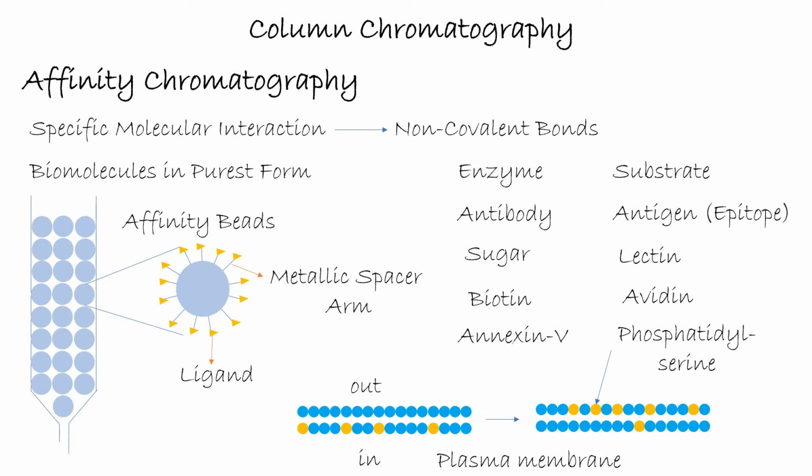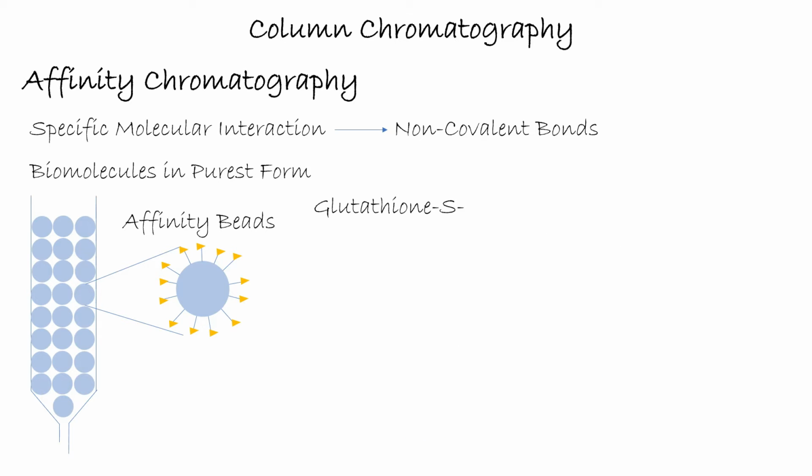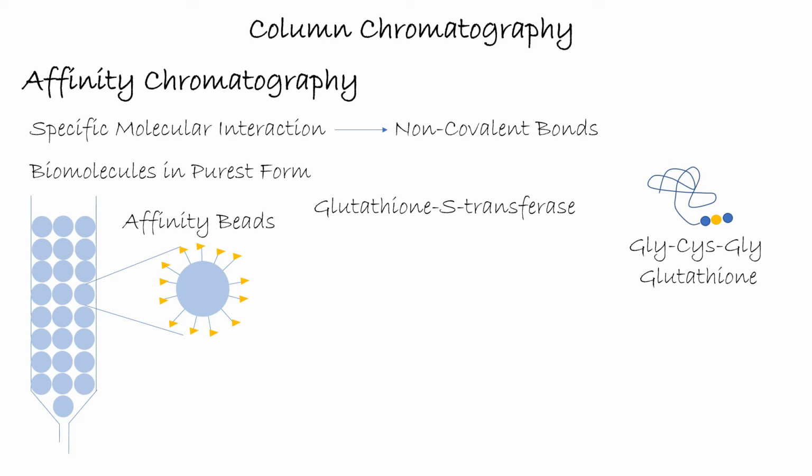We can also use glutathione S-transferase enzyme. Suppose we have created recombinant proteins and at the end we added 3 extra amino acids, glycine, cysteine and glycine, which is known as glutathione. Separating this recombinant protein from host protein can be done by passing all the cellular proteins through the column containing beads conjugated with glutathione S-transferase.